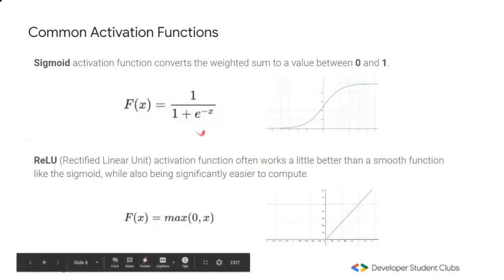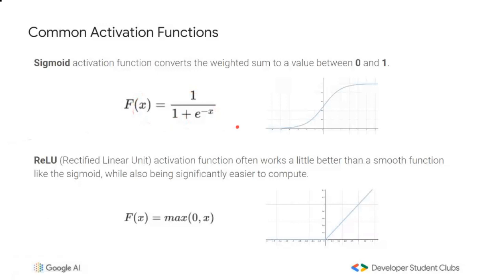So sigmoid, let me talk about sigmoid. It's a binary function that converts a weighted sum to a value of 0 or 1. So it's basically used for classification in a neural network. Here the input is x and the output is f of x. So this is the mathematical function.